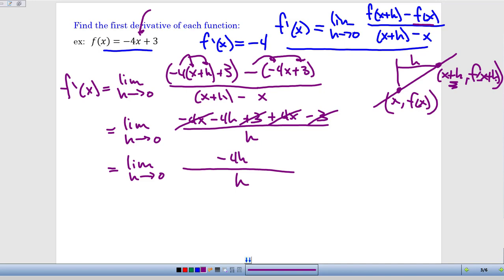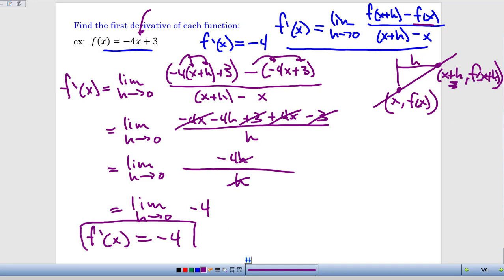I'll end up with 0 over 0, but we can see that now the h's are going to reduce away, and so now my simplified expression is just negative 4. And so now I can go ahead and apply my limit. I can set h equal to 0, which is pretty easy in this case because there's no h to replace with 0. So I now have my first derivative is negative 4.